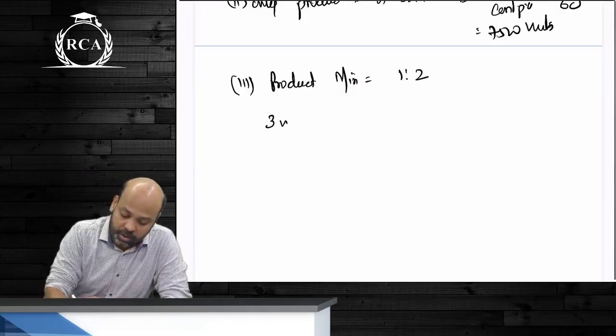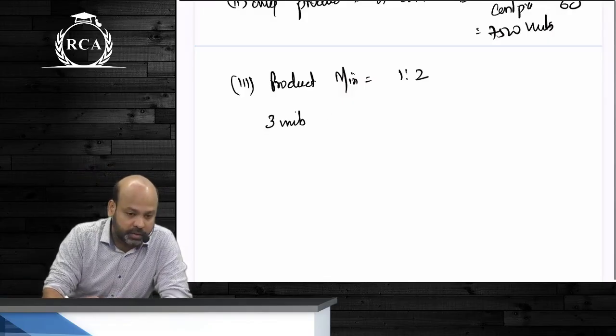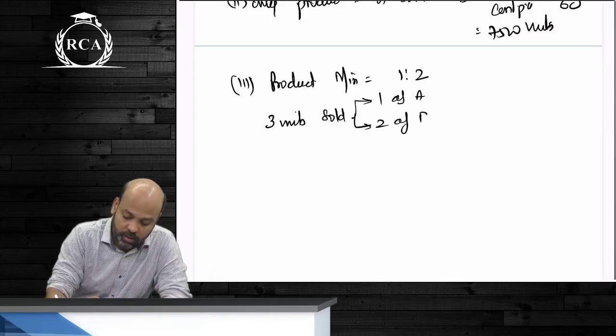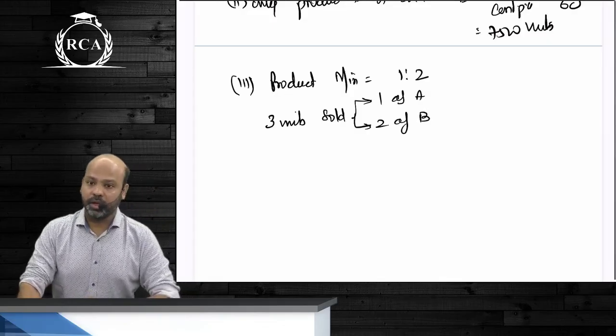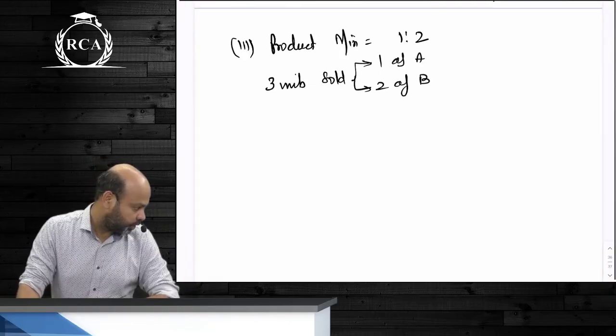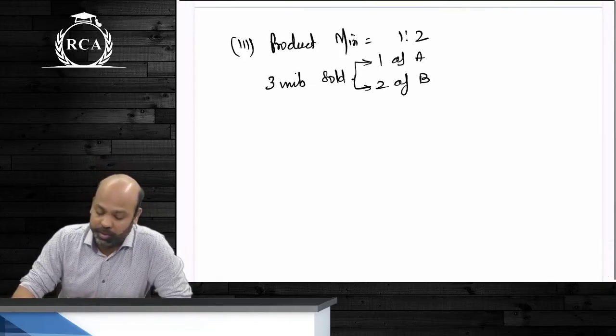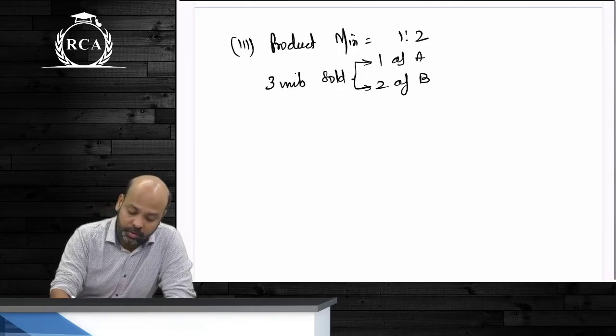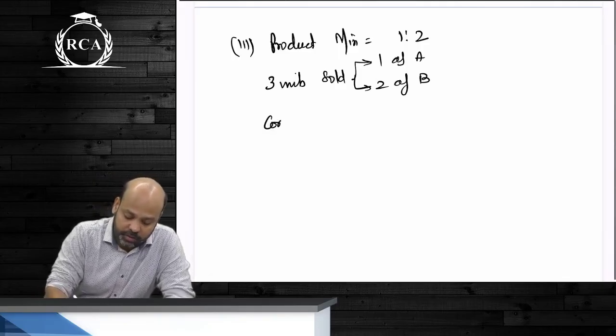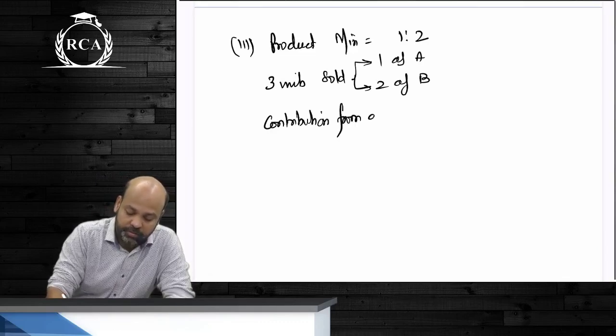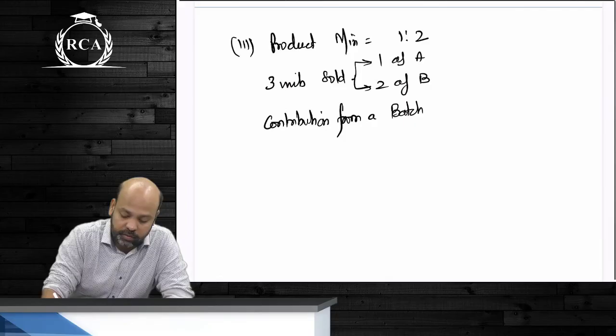For every 3 units sold, there will be one of A and 2 of B. So if you're selling 1 unit of A and 2 units of B, what will be the contribution that I get from a batch of 3 units?